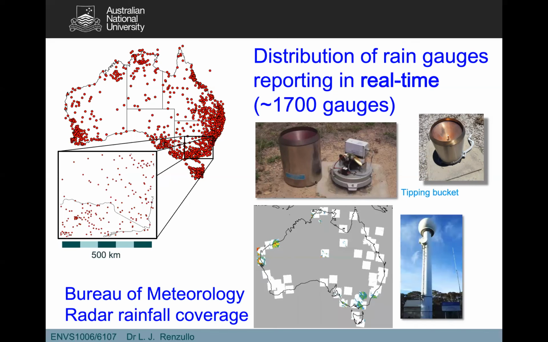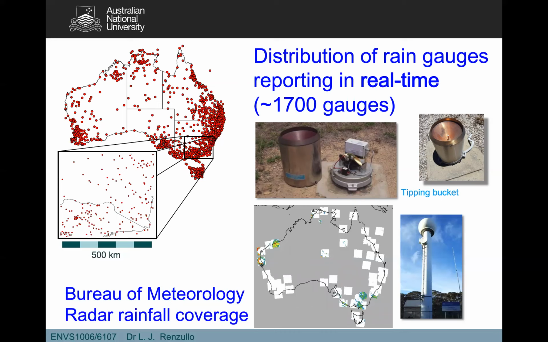The Bureau of Meteorology's radar network offers you detailed measurements spatially where you've got the coverage. But there are, again, large parts of the country, like the gauge network, that are just not measured. Someone might say, well, why do we care about what happens in the middle of, say, northwest Western Australia?